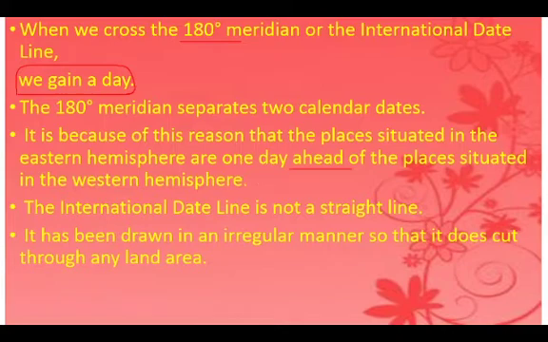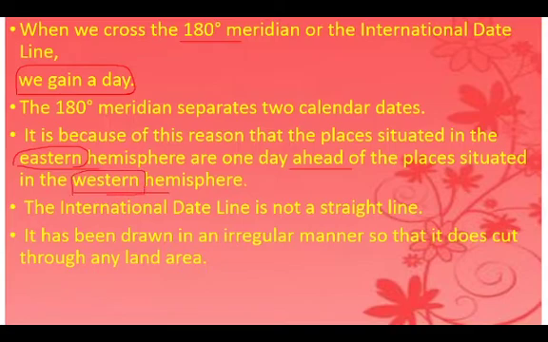This is the difference between the eastern hemisphere and the western hemisphere. India is situated in the eastern hemisphere, so one day ahead. All days come first in the eastern hemisphere, and the next day they arrive in the western hemisphere.